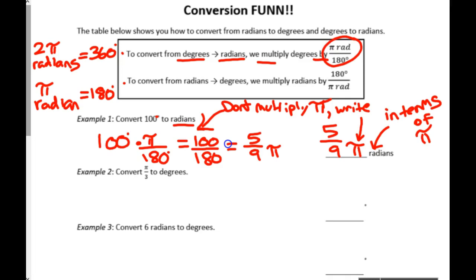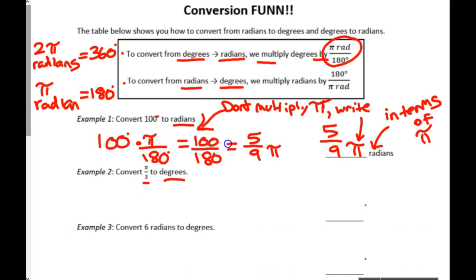Example 2 and example 3 are doing radians to degrees. Let's read it. Example 2, convert pi/3 to degrees. Does everyone see pi/3 does not say the word radians? But if you see the pi symbol, you know that's radians. That's the measurement, okay? So we are doing radians to degrees, which is the bottom one.